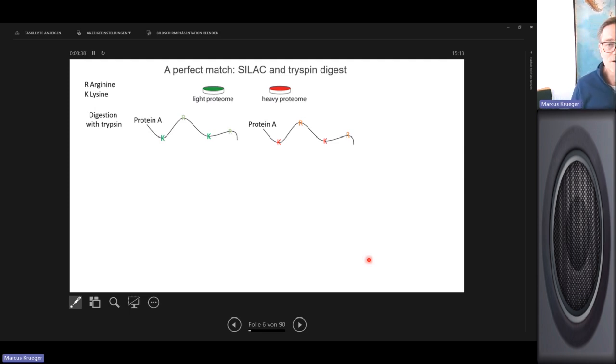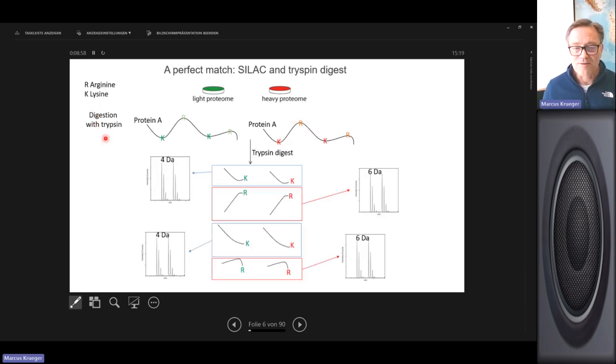This was a quite nice idea at the beginning from Shao-En Ong and Matthias Mann, of course: when you use arginine and lysine, which are two essential amino acids, then all proteins are labeled with either lysine or arginine. And digestion with trypsin results in lysine or arginine containing peptides. So in other words, if you use these two amino acids as SILAC amino acids, then all the peptides which originate after trypsin digestion are labeled and can be quantified.